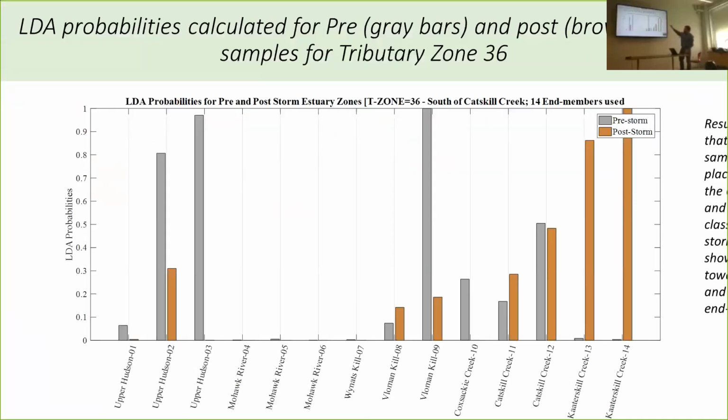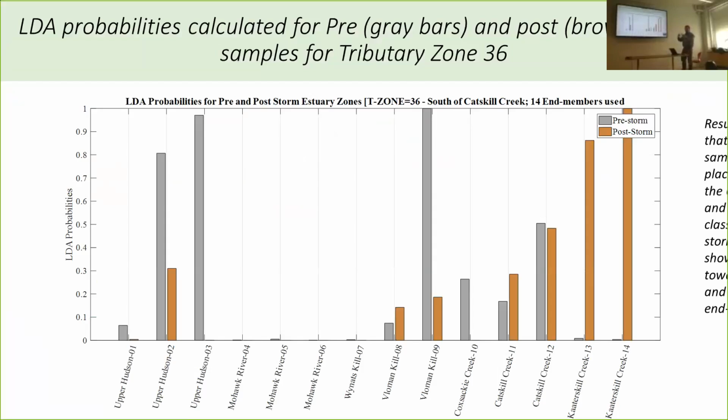So in this case, we had pre-storm and post-storm. We couldn't identify necessarily any of these as depositional. And what you look for in these is a shift. So basically, is there a pattern shift? I think what we see in this case, for zone 36, is Bloemenkill, Catskill, and the upper Hudson, but we definitely see a shift in the post-storm samples towards the Catskill.